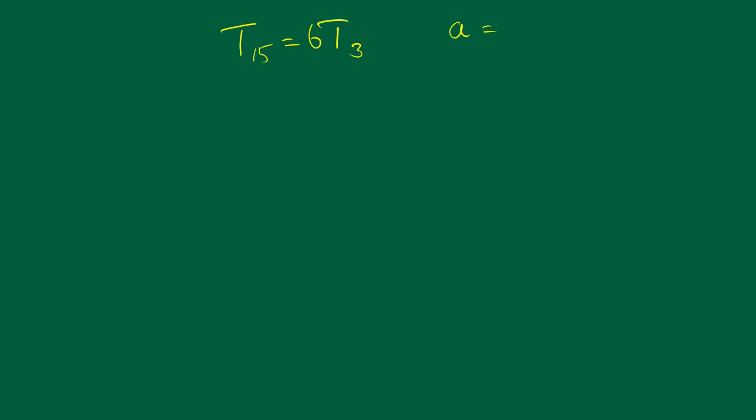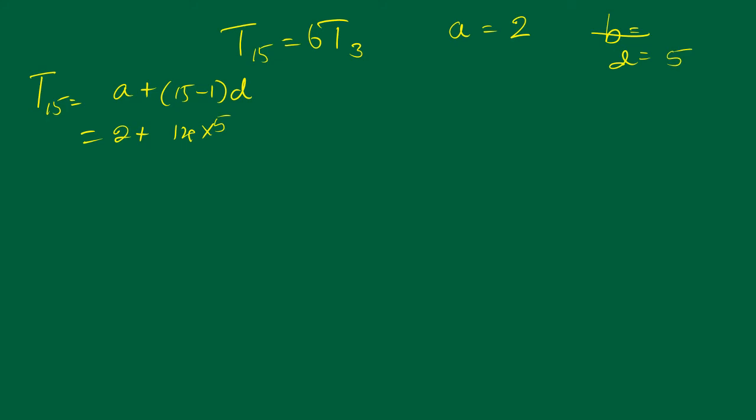So I can see a is 2 and the common difference is 5, and we can get t15 is a plus 15 minus 1 into d, and this is 2 plus 14 into 5, 14 times 5 is 70, then this is 72, right? t15 is 72.